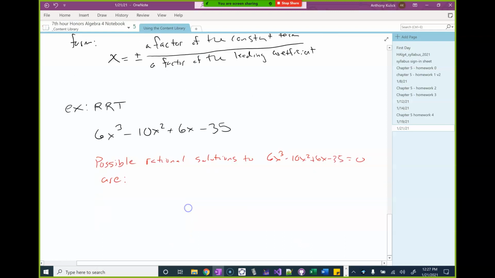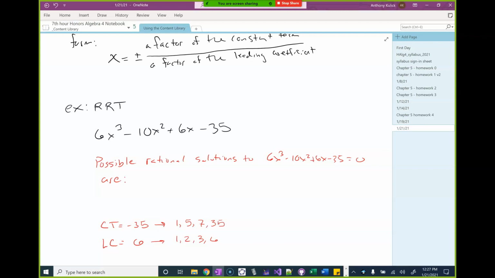Now, to come up with those possible solutions, I need to know the constant term. In this case, that's negative 35. And the leading coefficient, which in this case is 6. The factors of the constant term are 1, 5, 7, 35. The factors of the leading coefficient are 1, 2, 3, and 6. Everybody's okay with that? Yes, of course.